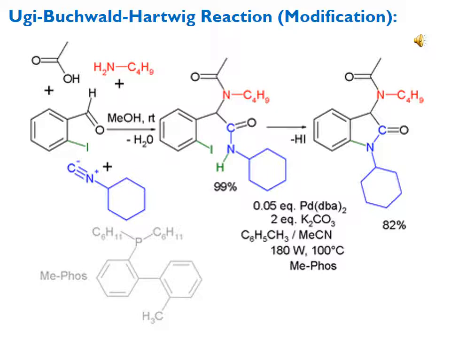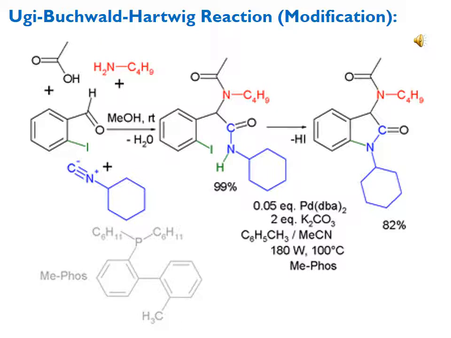Here you can see iodine is present. This iodine goes through a condensation reaction with the neighboring amide nitrogen, and we get the cyclized 5-membered ring after the removal of HI from this moiety.